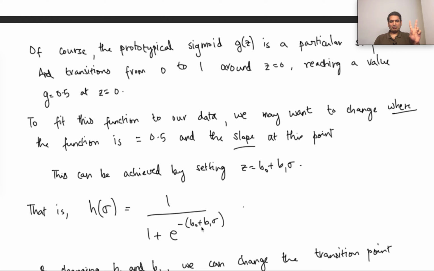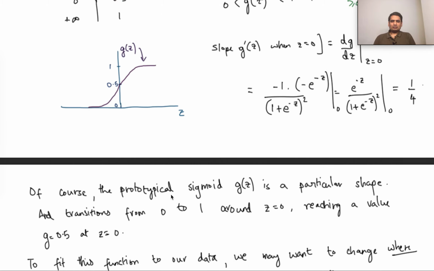Now we have two free parameters, b naught and b1, and by appropriately changing them, you can change the slope of the sigmoid and also move the center of the sigmoid, where it rises from 0 to 1, or where it takes the value 0.5.